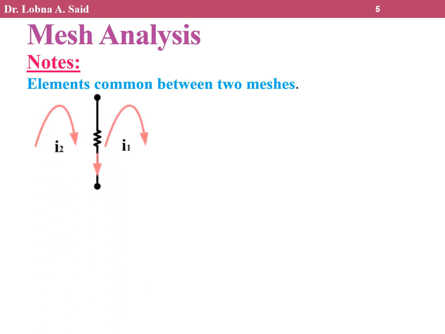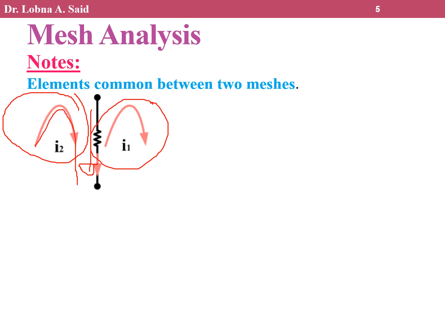If there exists an element between two meshes, like R6 in the previous slide, and we assume the current direction in this element is downward like this, this current has to be a mix between I2 and I1. How can we write this current? Again, we are trying to identify the current in the element between any two meshes. If you look closely, you will find this current direction is the same as I2 and in the reverse direction of I1.